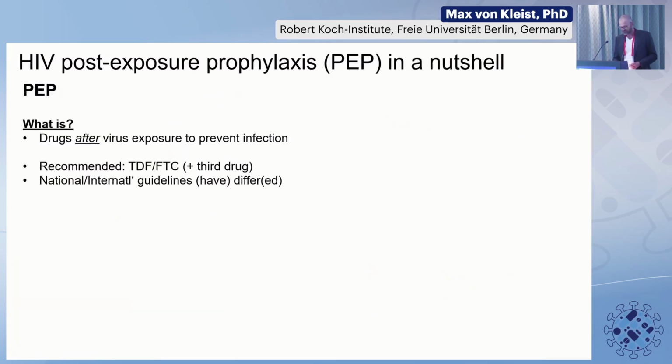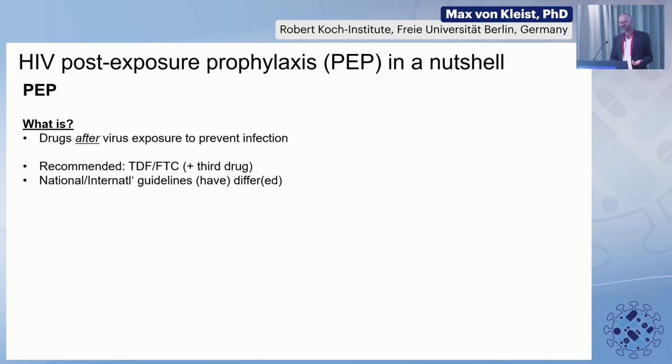Okay, so what is PEP about? PEP denotes the application of drugs after a viral exposure in order to reduce the infection probability with HIV. Currently what's recommended is an NRTI backbone, usually tenofovir plus either emtricitabine or lamivudine.